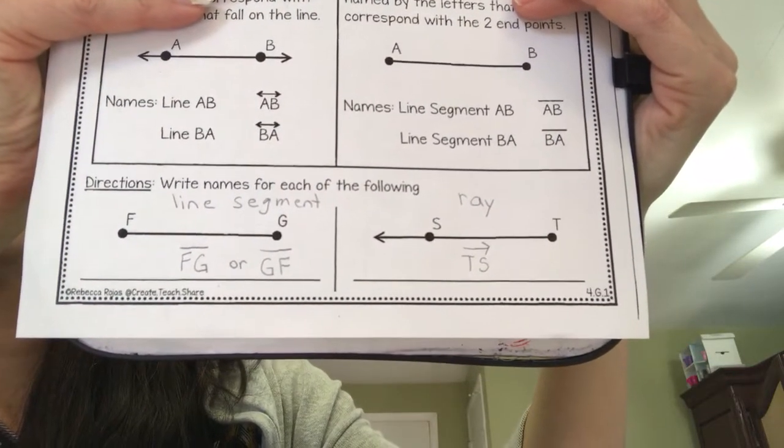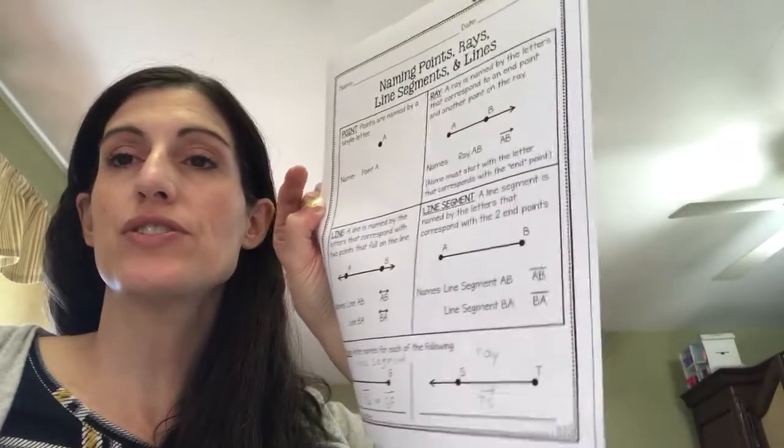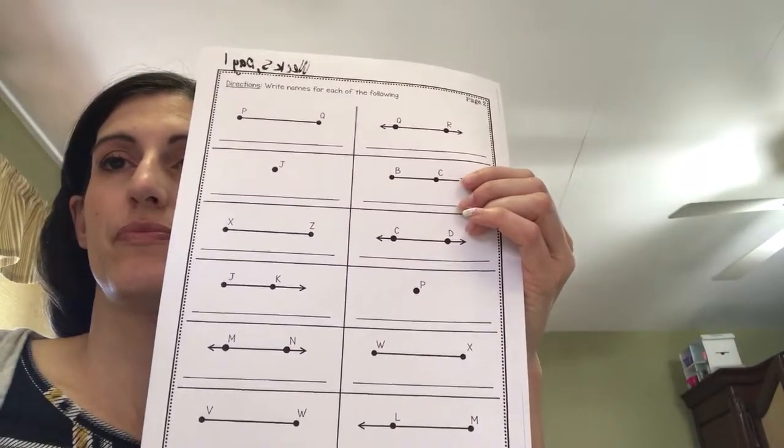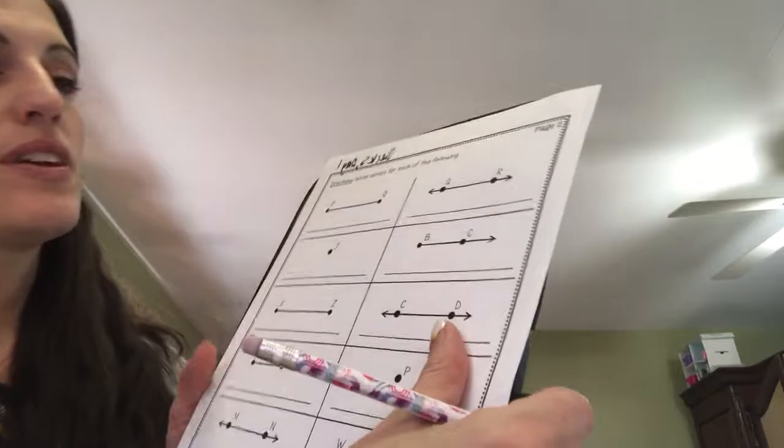Okay, now our next sheet is just more of the same thing. So you could use this paper as your reference. And then we're on to this one now. Okay, we're just naming them and labeling them. So we have this one.